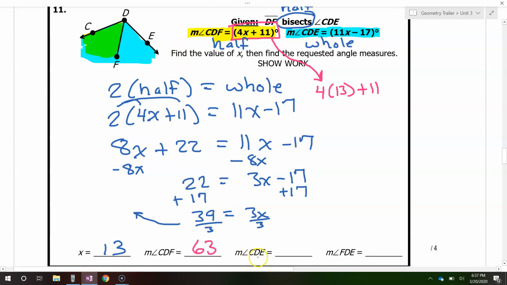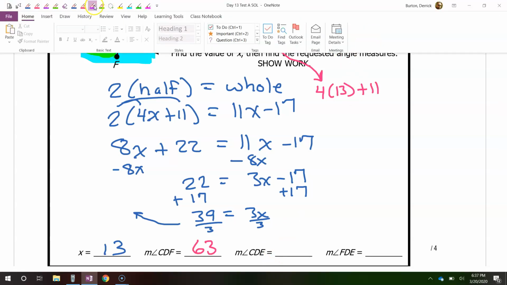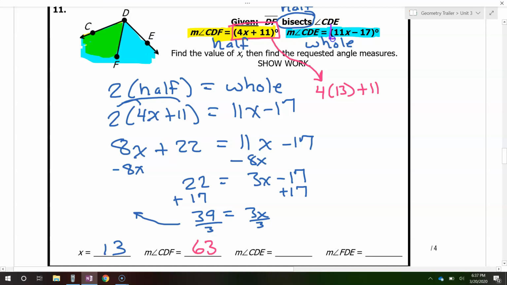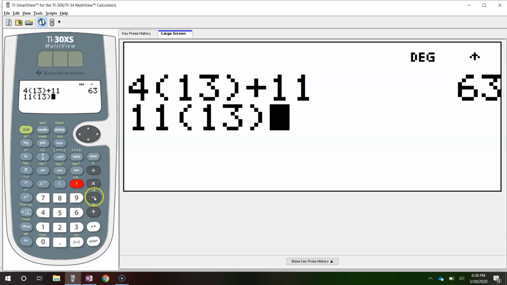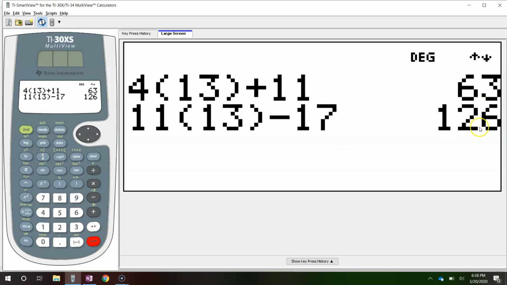All right, now CDE. That's the blue one. So 11x minus 17 becomes 11 times 13 minus 17. And that's 126.